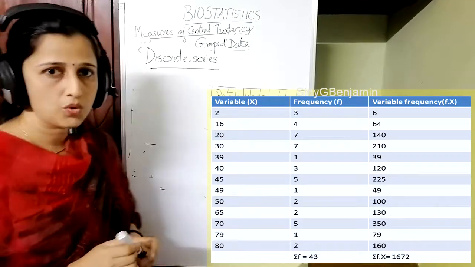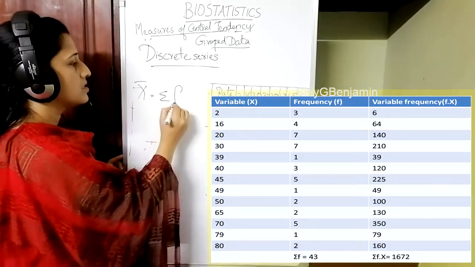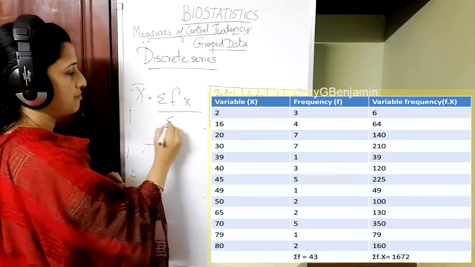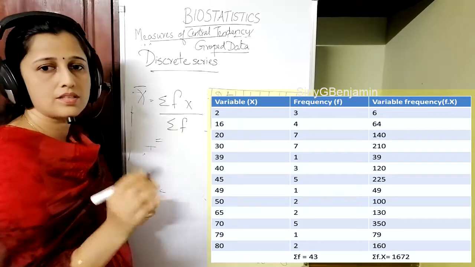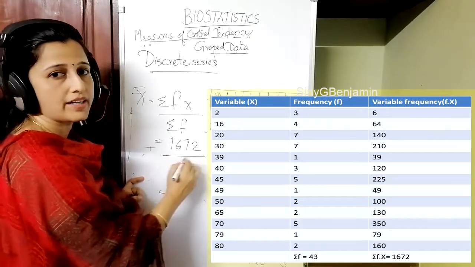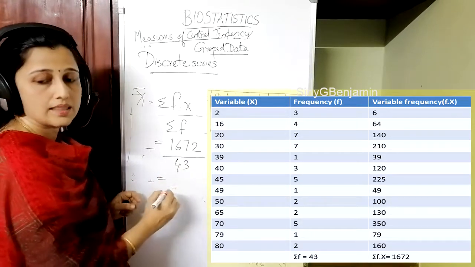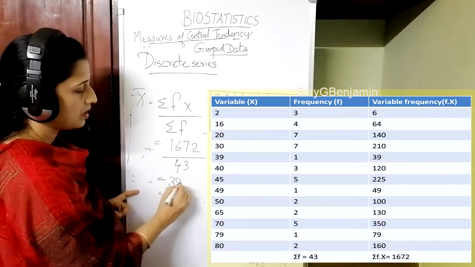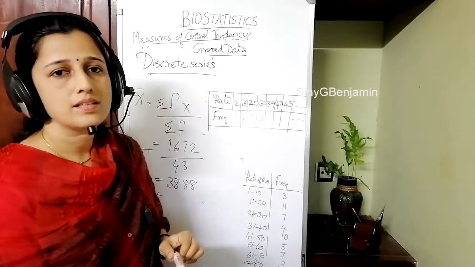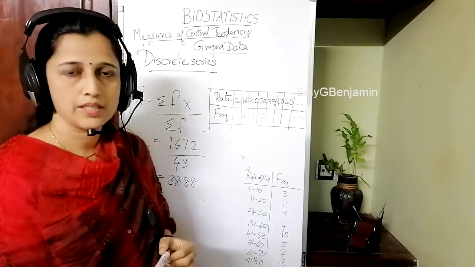So x bar is equal to sigma fx divided by sigma f, that is 1672 divided by 43, and the answer is 38.88. That is how a discrete series data is handled for calculating the arithmetic mean.